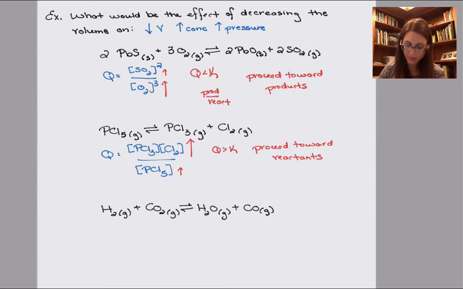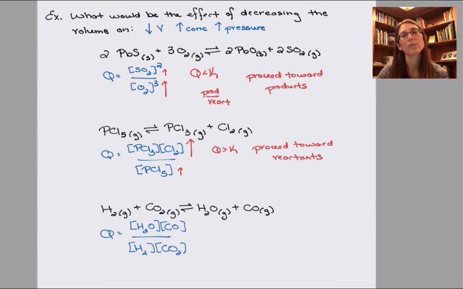The bottom example here, if we look at its reaction quotient, there's equal moles of gas on the reactant and the product side. So any change in volume will affect the concentration or the pressure equally in the denominator and in the numerator. And so Q is still going to be equal to K. And so there'll be no effect for changing the volume, or effectively, therefore, the concentration and the pressure of these gases.